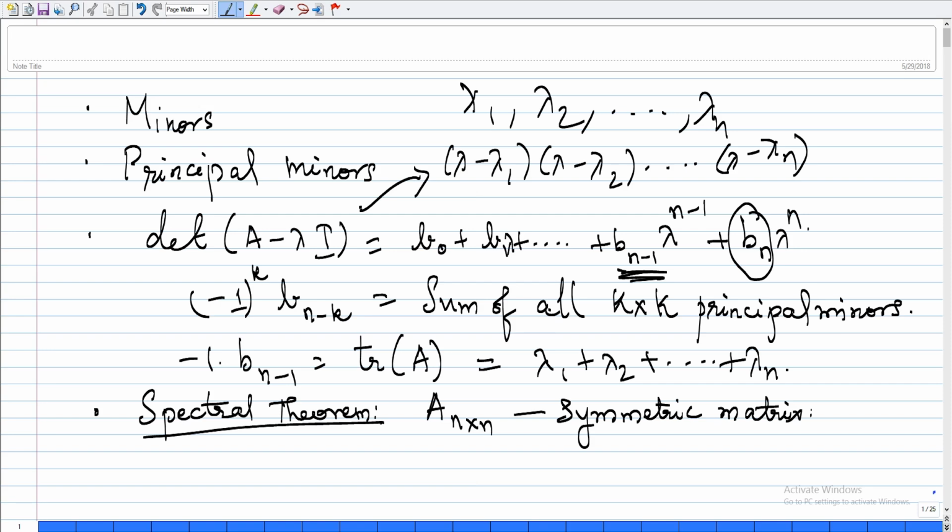what can we say about the eigenvalues of a symmetric matrix? The spectral theorem says that the eigenvalues of any real symmetric matrix, of course, in fact we will be having 0-1 matrices, but for the time being let us consider only real matrices, right. So given any real symmetric matrix, the eigenvalues are going to be real.